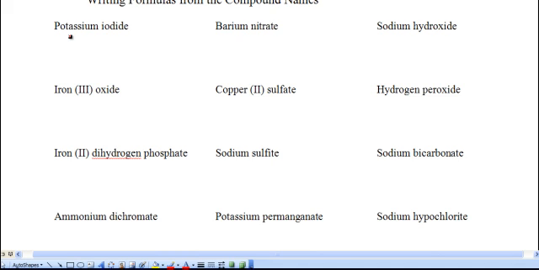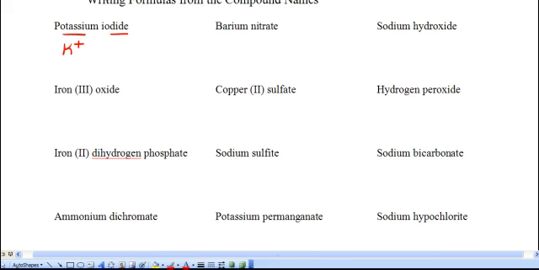When you take a name, such as this first one here, potassium iodide, what you want to do is write down the individual ions from the name and then crisscross the charges. Remember, the name of the formula is simply the cation name, anion name. Well, what is this cation? Potassium. It's K with a +1 charge.